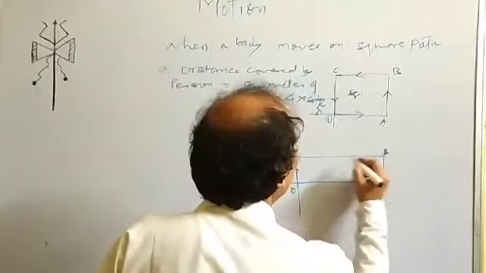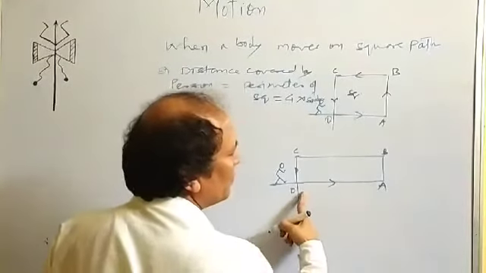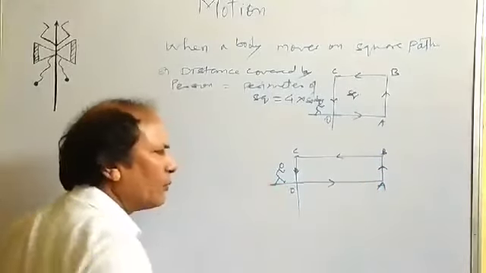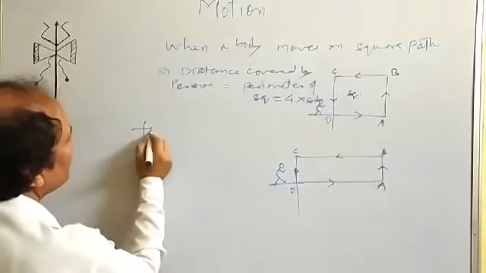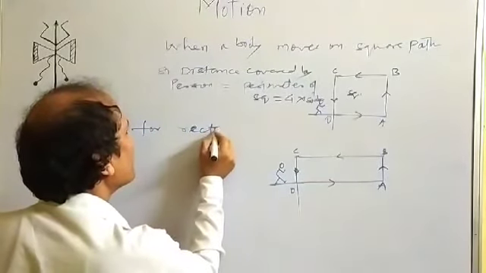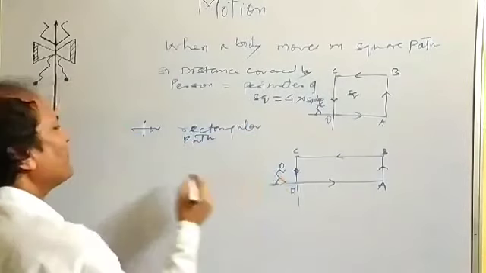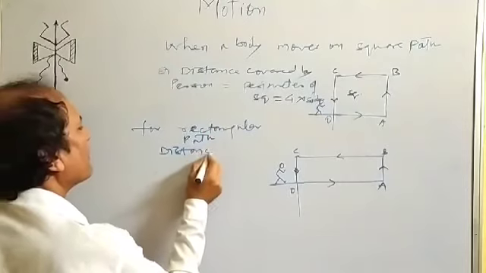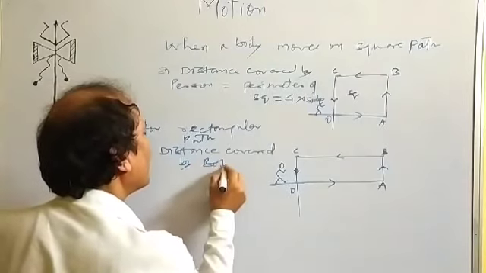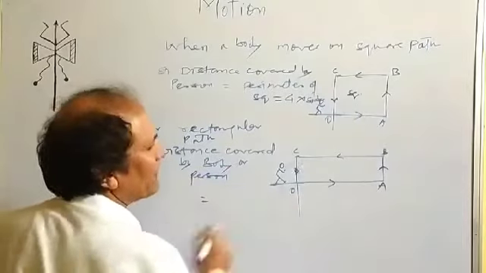O to A, A to B, B to C, and again comes back to O. So for a rectangular path, the distance covered by the body or person is equal to the perimeter of the rectangle.